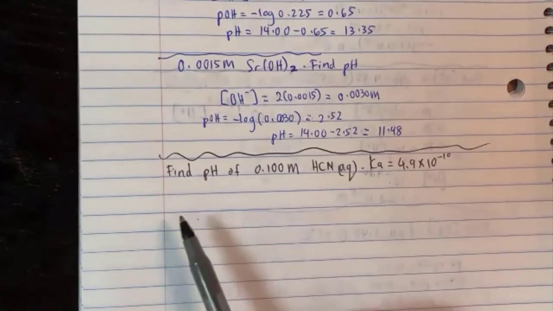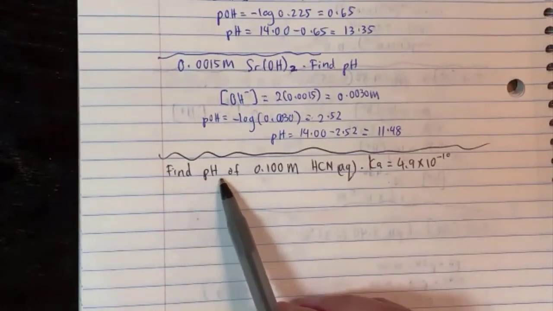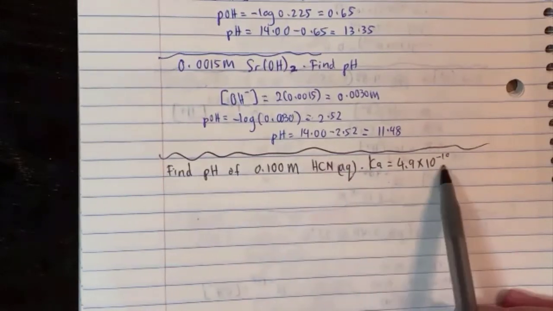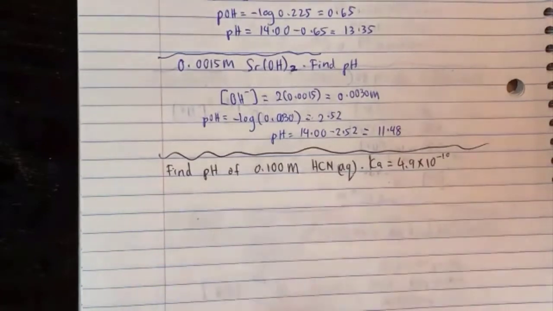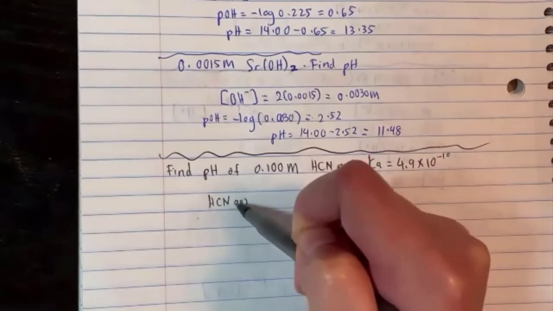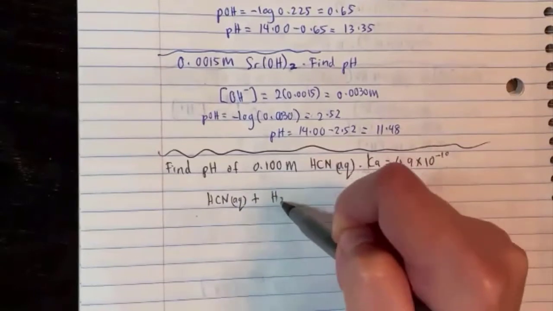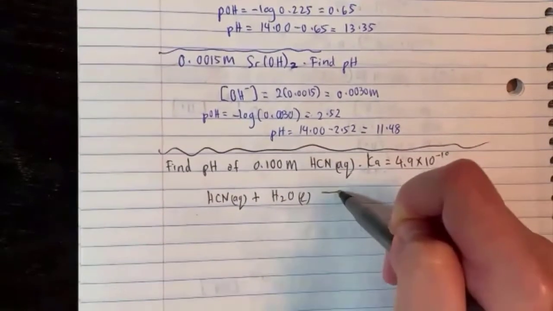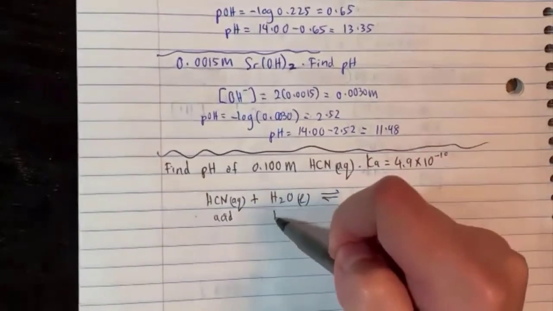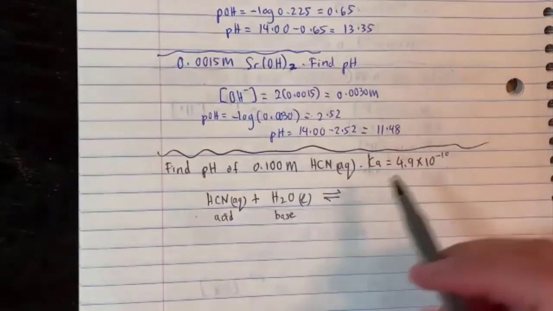All right, so here's the question for weak acid. We want to find pH of 0.1 molarity HCN. This is a weak acid because they gave you the Ka. So to do this question, the first thing you want to do is know how to write the equation. The equation starts with HCN, and then plus water. HCN is the acid, and the water is the base.